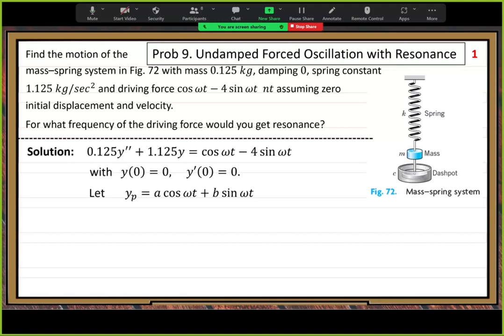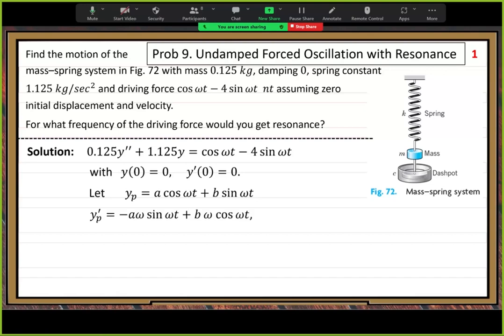Later I will do a summary, showing for what functions you should choose what type of particular solution. Here, A, B are coefficients to be determined.